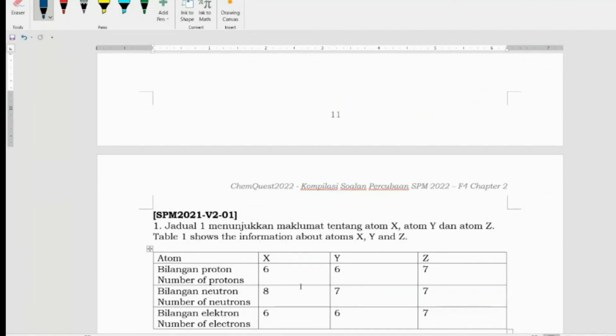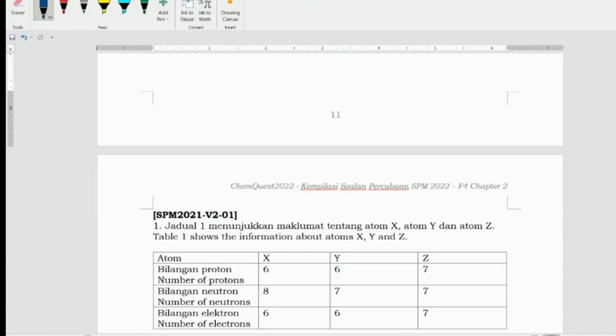Okay. Trinity, can you read this question? Table 1. Yeah, Trinity, please. Can you read this question?